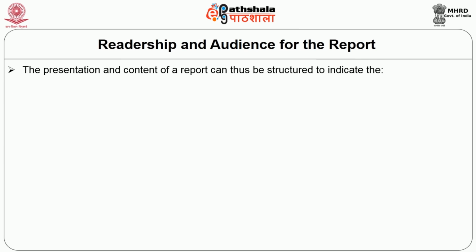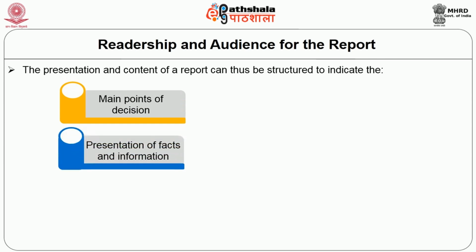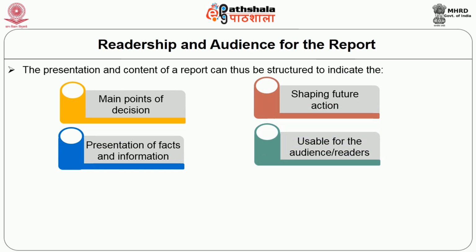The presentation and content of a report can thus be structured to indicate the main points of decision, presentation of facts and information, and shaping future action to be easily understood and usable for the audience or readers. To sum up, a report can be written to suit an audience.